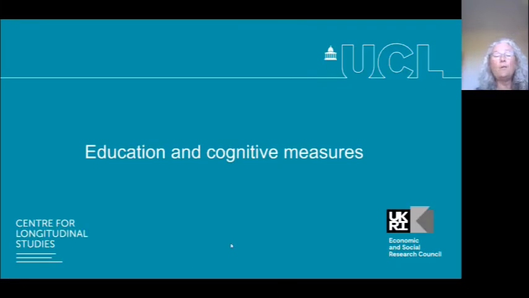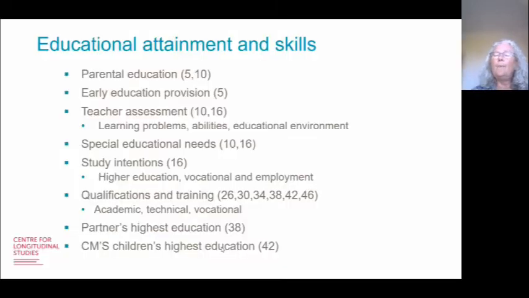So moving on to education and cognition, and again, education and cognition earlier in life can be used as controls, predictors, as well as outcomes in early life or later life. So we have parental education for both the mother and partner, the age they left school, and highest education achieved.